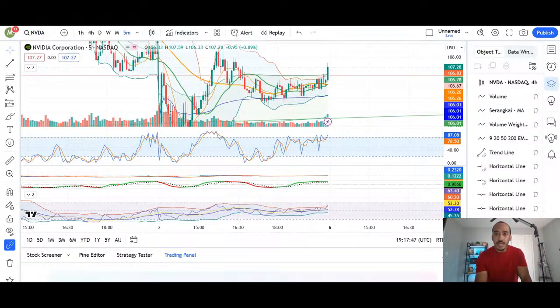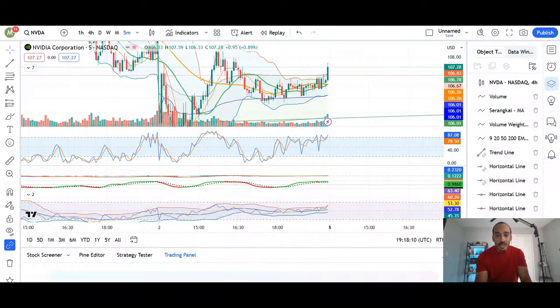So if Nvidia gaps down in the morning, and what I mean by gap down is if it starts lower, like on this day there's a big gap here, because the stock started lower on that day. So if it gaps down and comes to this area, I might enter the trade sooner than later if I was in Nvidia.